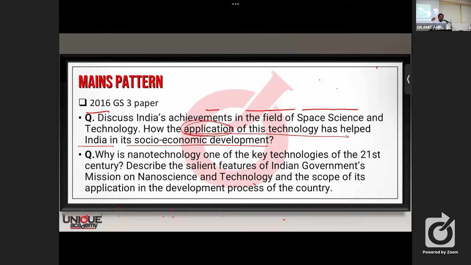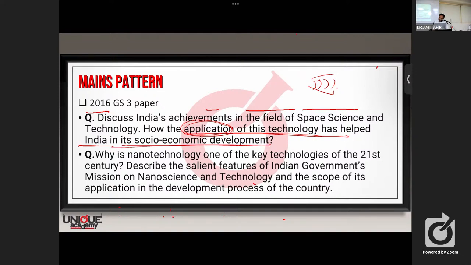Have you heard about near field communication? तुम्हारे मोबाइल के ऊपर ऐसा लोगो होता है ना, near field communication. You have to hold that card within 10 centimeters of this POS machine. POS machine means card swiping machine. उसको क्या बोलते हैं? Point of sale machine. ठीक है? So something like this. How the applications of this technology have helped India in its socio-economic development.